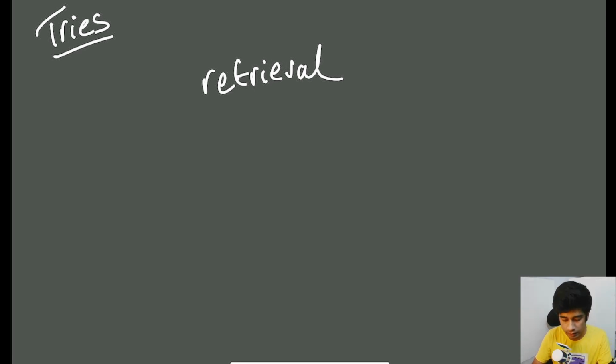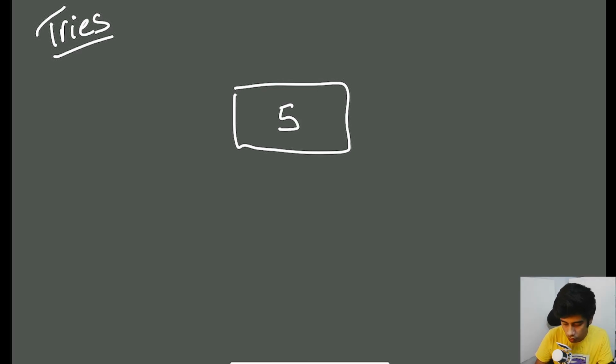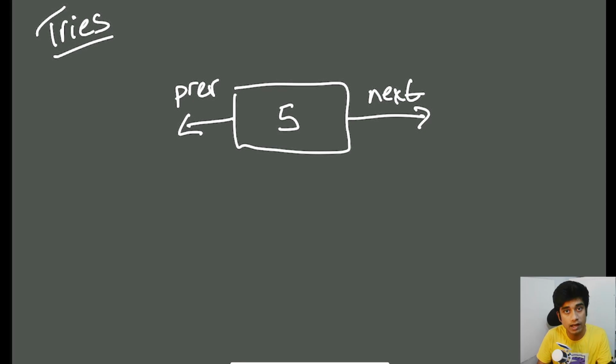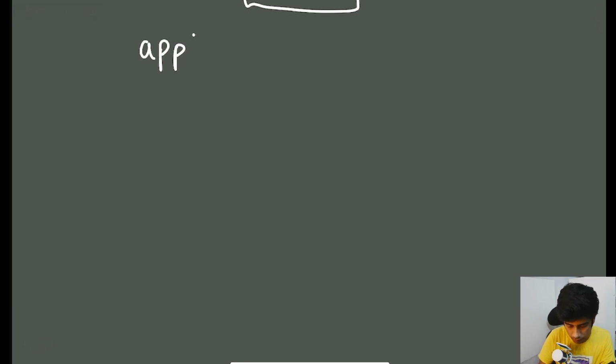So, how exactly are these words stored? If you are aware of linked lists, just how we have our node, and the node has some value, let's just say maybe 5 here, and it also has a pointer to its next node. If it's a doubly linked list, then it will also have a pointer to its previous node. Now, how tries work is, let's just say I have the word apple.